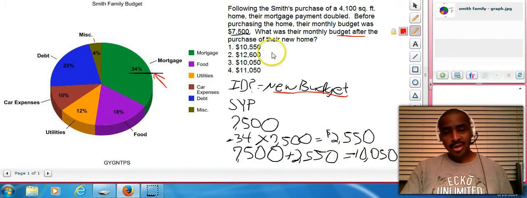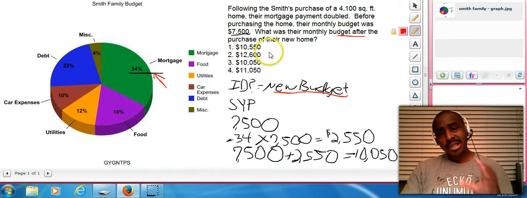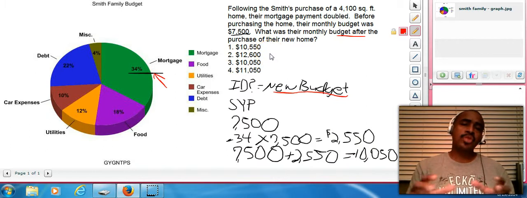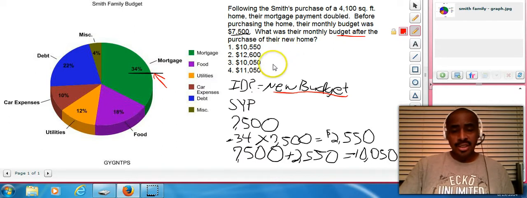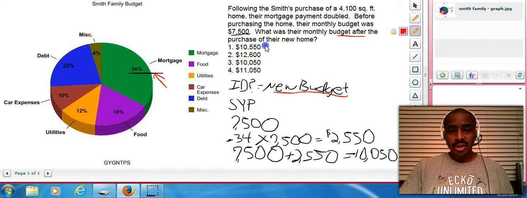Now again, here are a couple of things that we need to look at on the GED test, and this is why I always talk about GED fluency, because here is 10,550, and there could just be a common error, just misreading the numbers, rushing through the test.